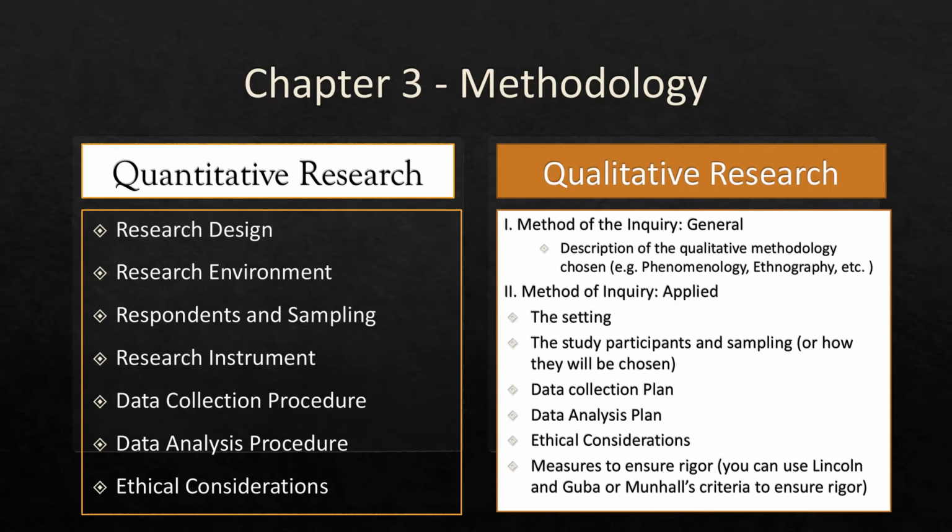Chapter 3, methodology. This is the format that was given to you. And of course, your methodology could be quantitative research or qualitative research. So these are the requirements that you're supposed to have in quantitative research and qualitative research on the other hand. It looks like it's very similar, but there are differences according to the approach, which we will detail in the following slides.